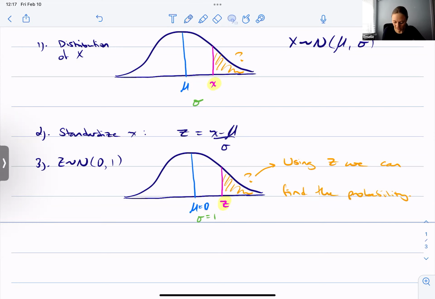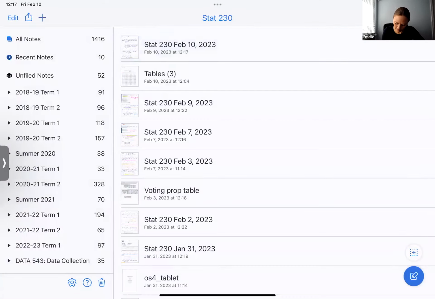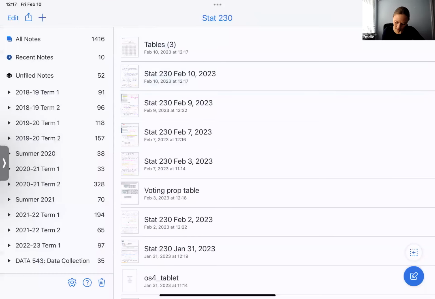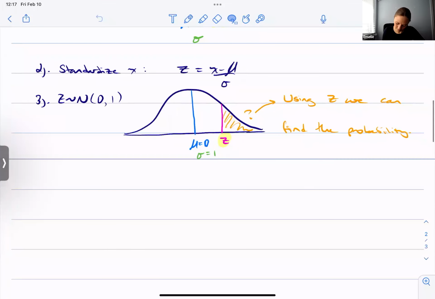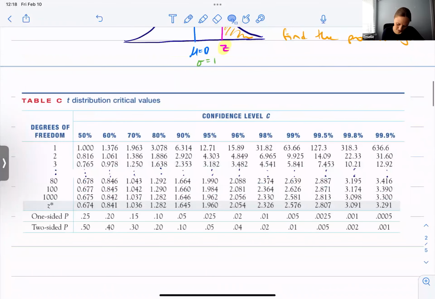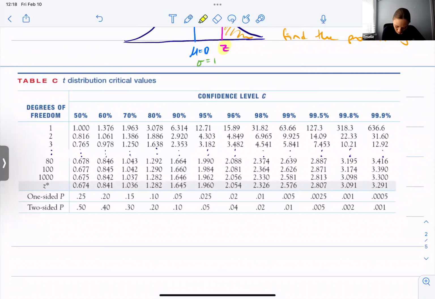So like I said yesterday, we use that. I copied it and then I lost it, this one. We can use the t-table. And I know it's kind of confusing to use a t-table for Zs, but the reason we're doing it is because we have this line here.